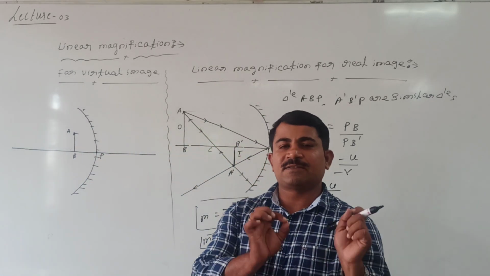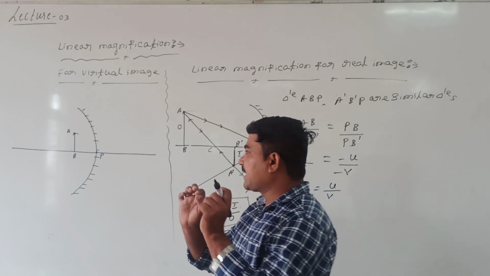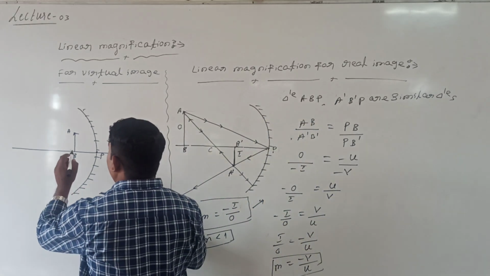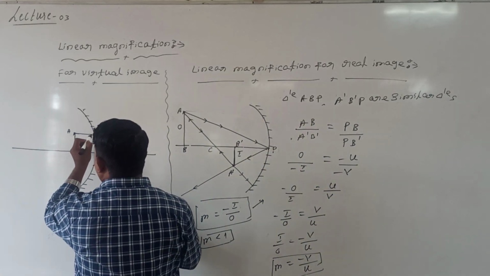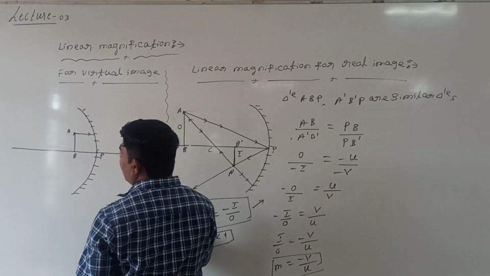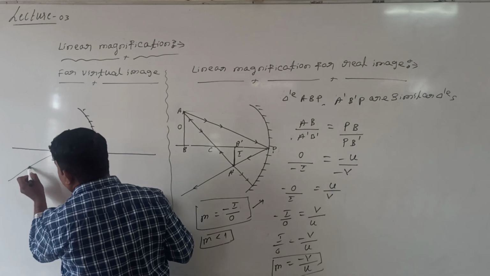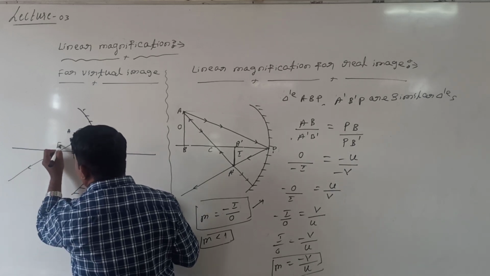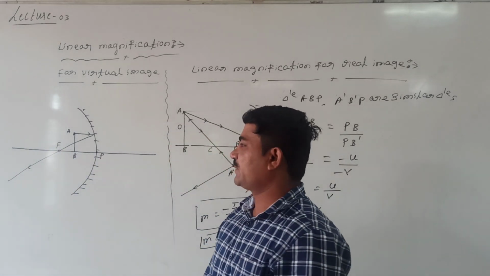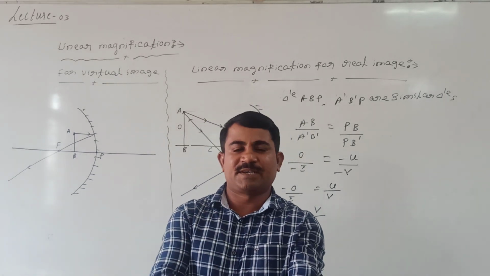Now consider a ray of light incident. Let us take a ray of light incident from the object at this point. After incidence, how does it get reflected? It gets reflected in this direction. Let us take this point as the focus, right?